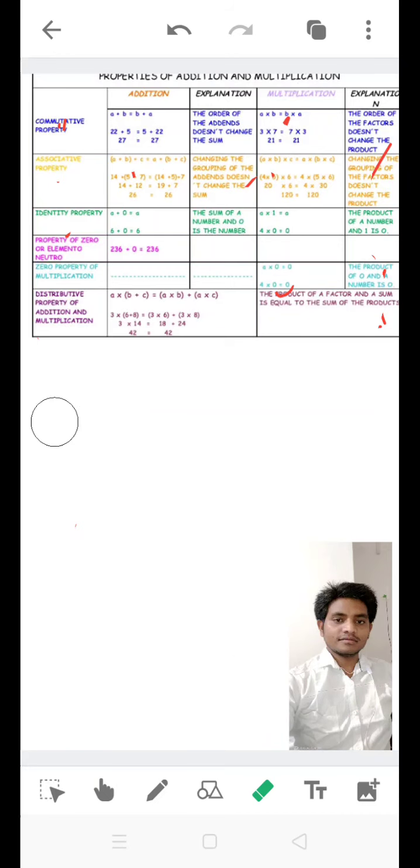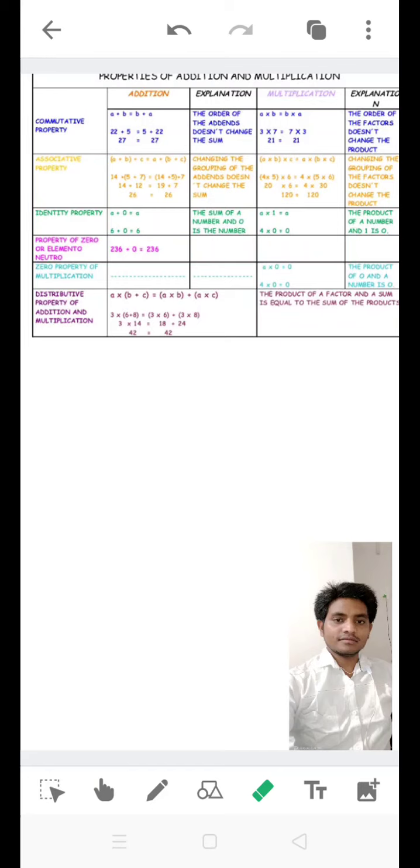So next we start your chapter now. First, all the students learn these 5 properties. First one is closure, second one is commutative, third one is associative, fourth one is existence of identity, and the last one is existence of inverse.